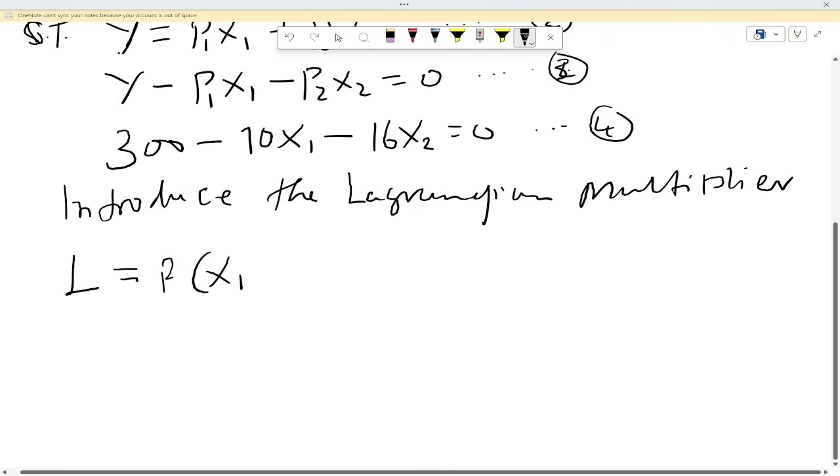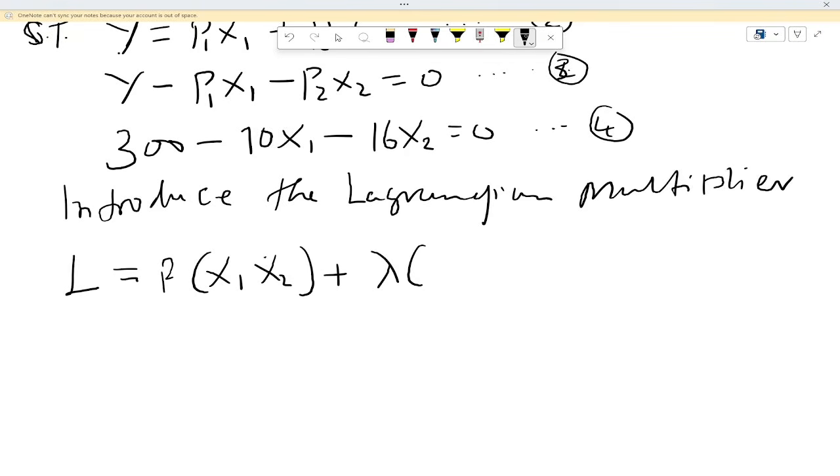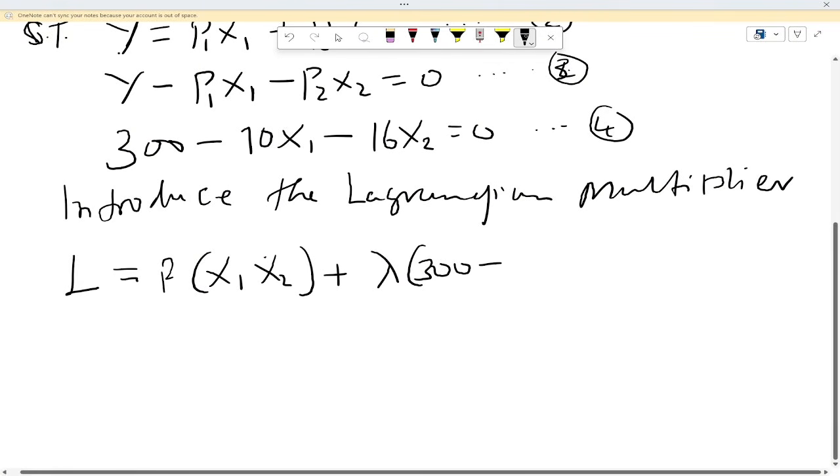You have the function of x1, x2 plus the lambda. Then you bring in the equation 4 into it.